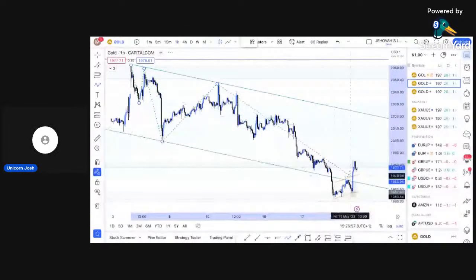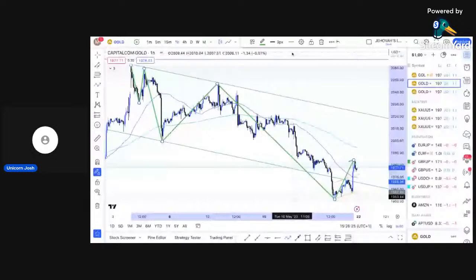All the other lows are just part of this move. We have this for this move.